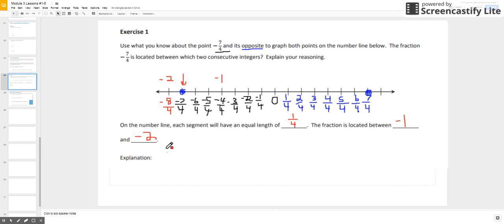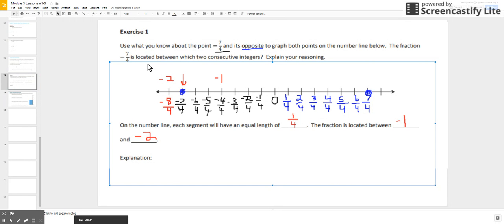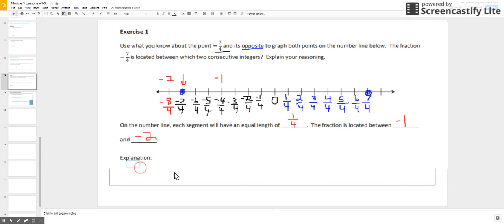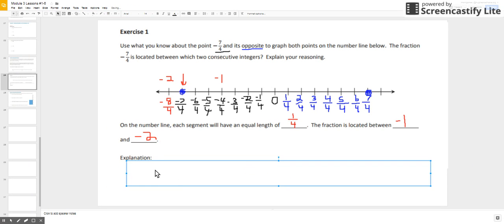Okay, now it asks for an explanation about the opposites. Why are they located where they're at? Well, this is just like any whole number or any integer that we've talked about in the past. They are opposites because they are the same distance, but on opposite sides of the number line.